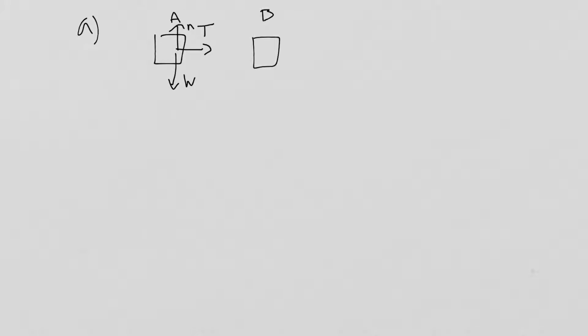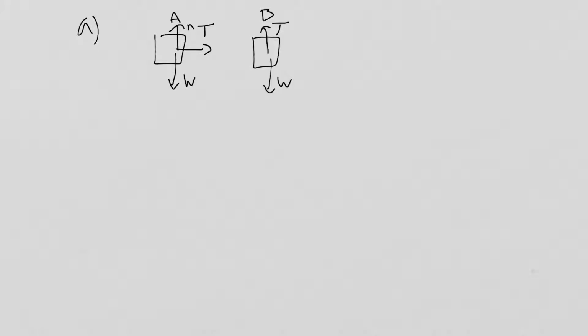We're told the tabletop is smooth, and smooth means no friction. Block B is a little bit easier. There's a rope pulling it up, that's a tension, and it has a weight as well. So, that's our free body diagrams.